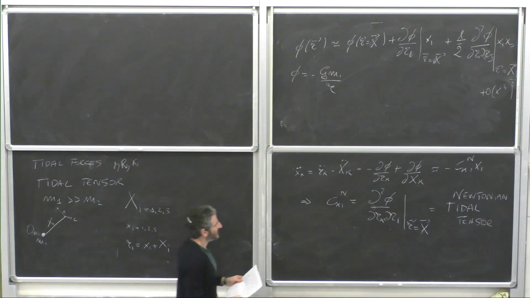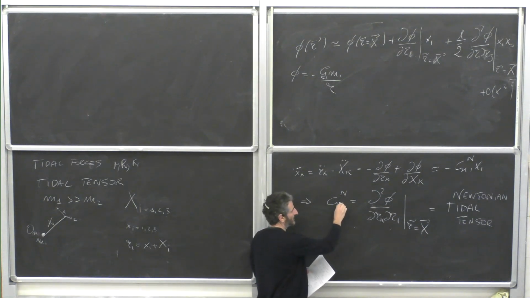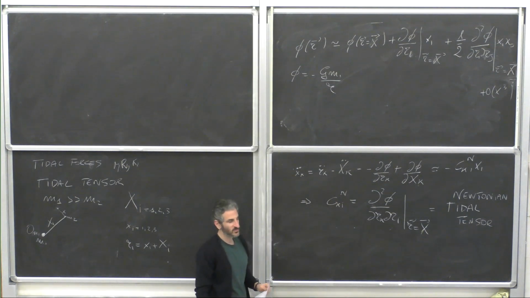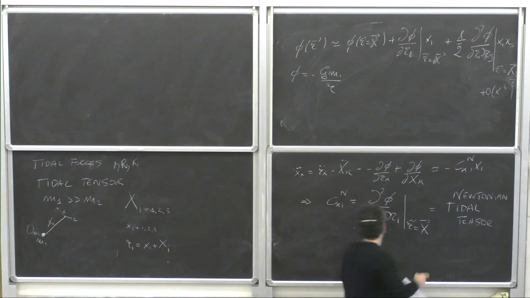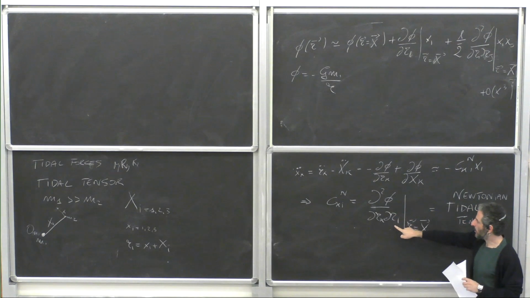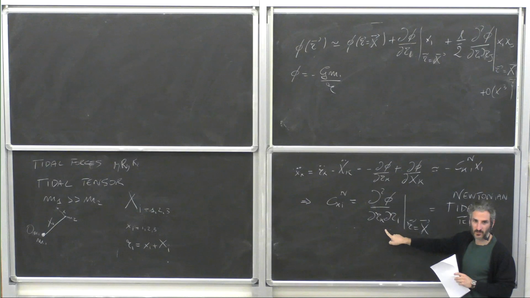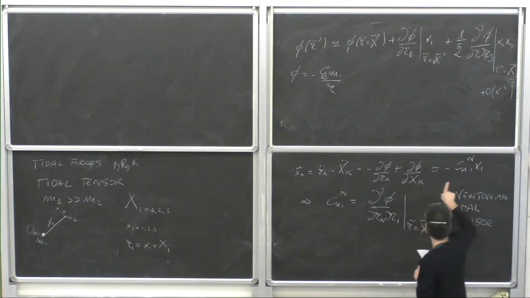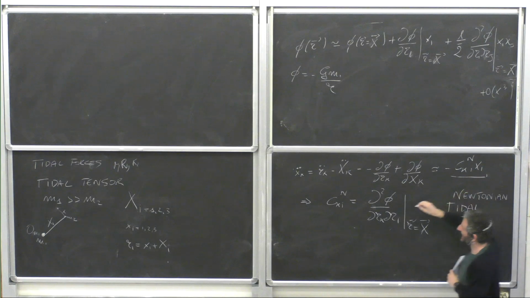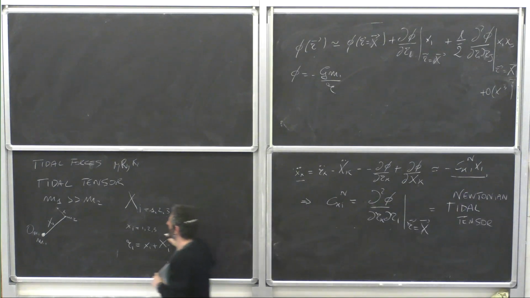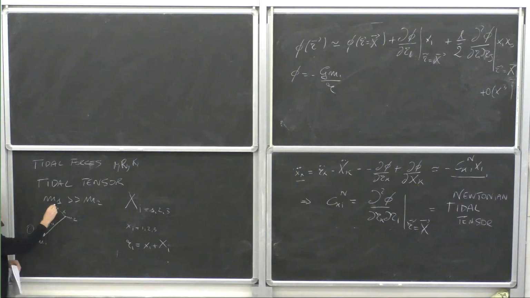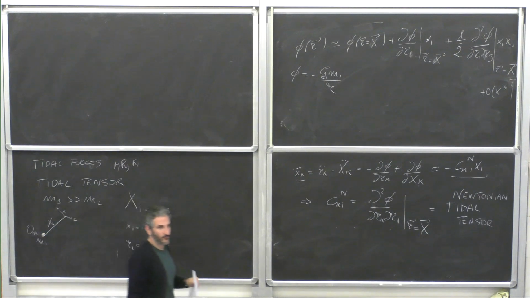So this C, which is a tensor, is an object with two spatial indices, given by the second derivative of the Newtonian potential with respect to the coordinates. It gives the relative acceleration between these points due to tidal forces.